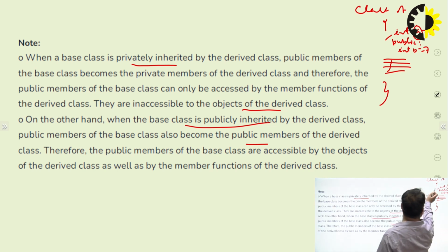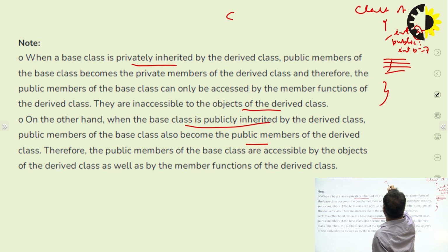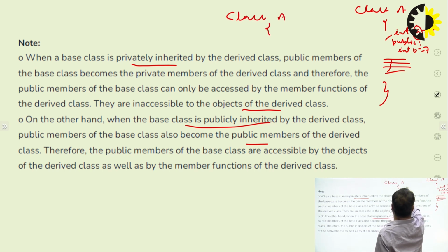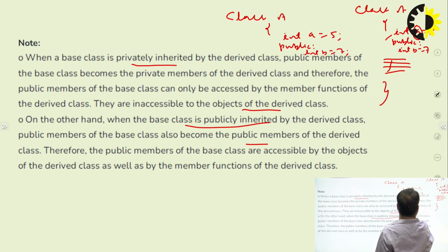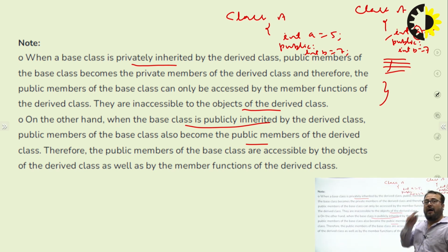Let's see here. In a class, for example class A, if there are private members, they can be accessed only by the member functions of that class, for example a function funA.